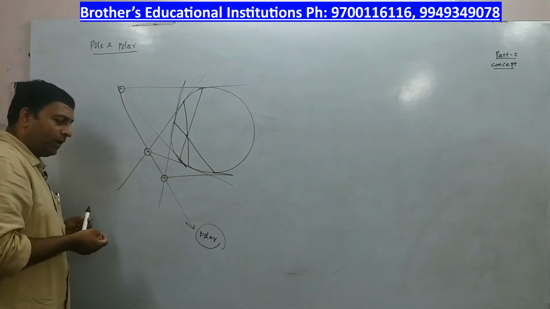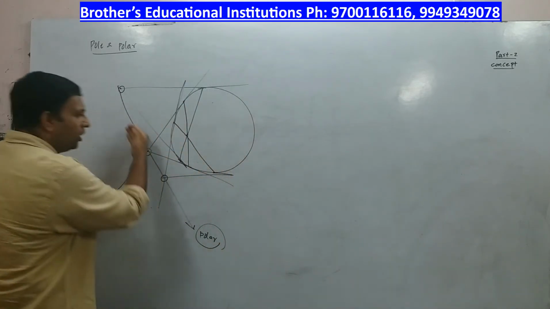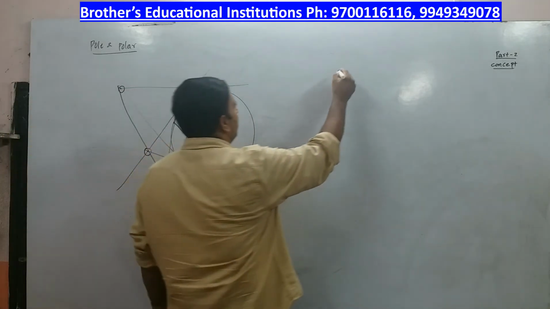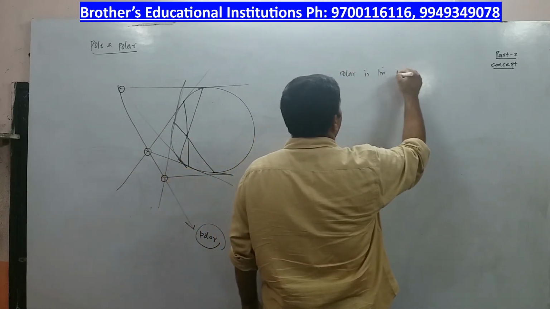So how do I define polar? Listen to me carefully. When you join these points, what do you call that? Locus. So how do you define polar?